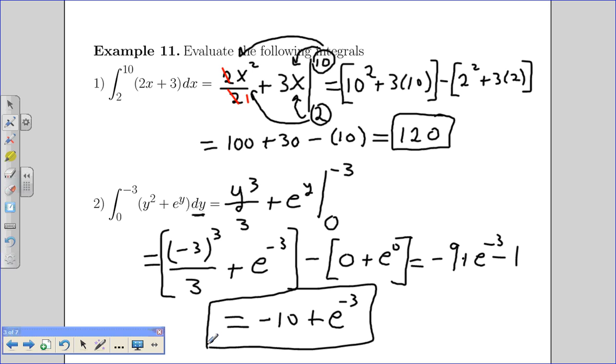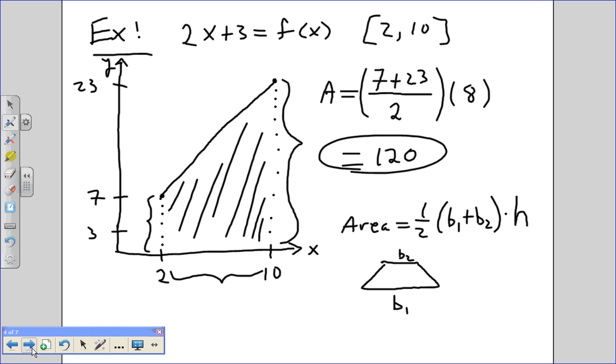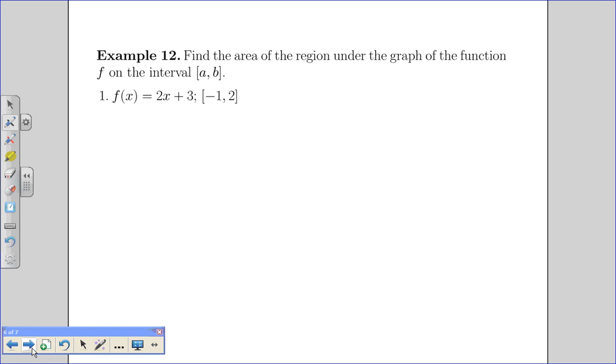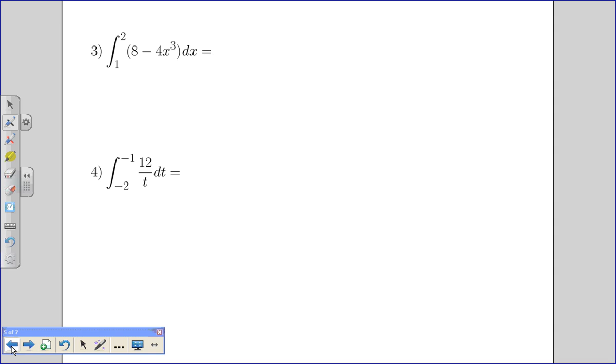Here's another one. For this one, we have the integral from 1 to 2 of 8 minus 4x cubed, and we're going to integrate that again. 8x minus 4x to the 4th over 4, and we evaluate that from 1 to 2.